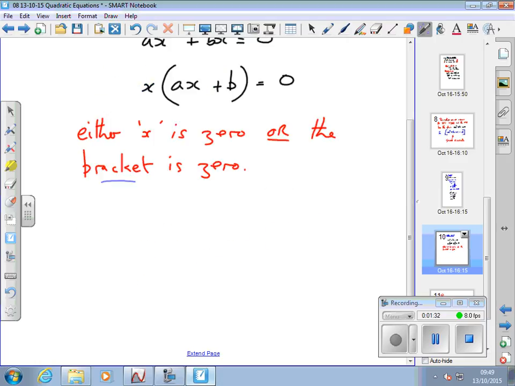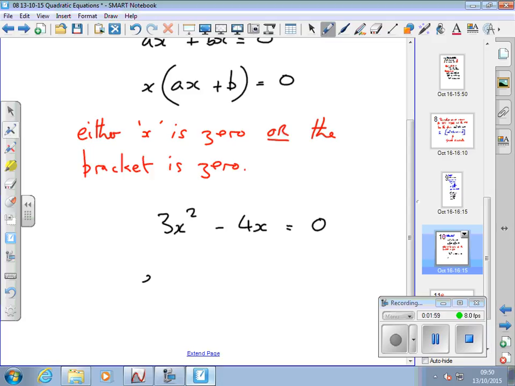So let's look at an example. Let's say 3x squared minus 4x equals 0. So there's no constant. And I just made that up, but it should work, because it should work for any value of a and b. So the first thing I do is factorize, and this is always what you do.